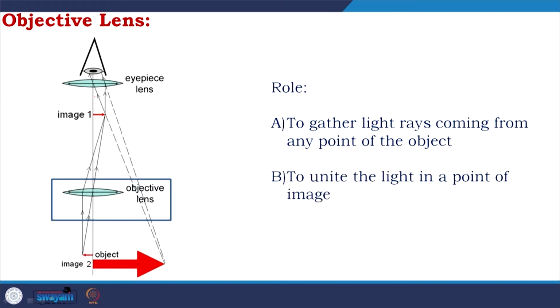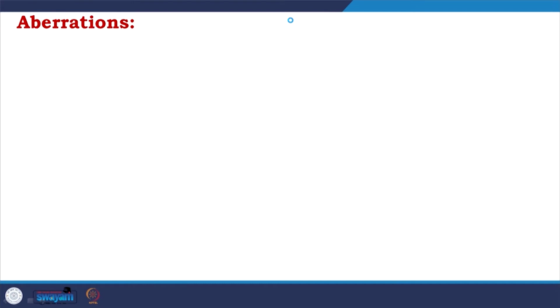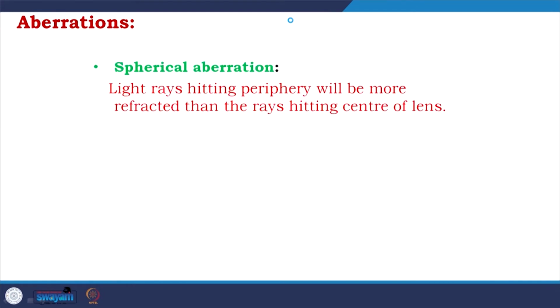So, it goes and unites in the point of image and to magnify from this one to that one, a magnification definitely happens. This magnification is the function of the objective lenses. Basically we have studied them in our 10th, 12th level.